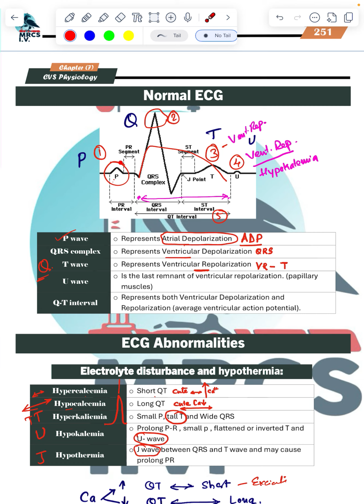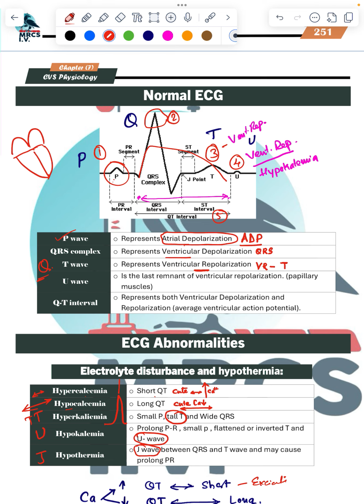So any pathology in the P wave means it is showing disturbance in atrial contraction or depolarization in the atria. So if you try to understand this thing, here are the atria, this is the right and left atria, and this is the ventricle.